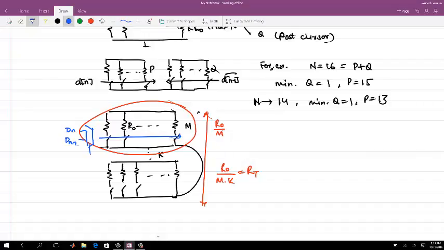So what we do is choose a different number of K cells such that the total impedance is equal to RT. Let's say I am choosing X number of cells, less than K, such that R0 by M times X is equal to RT, depending on process variation.